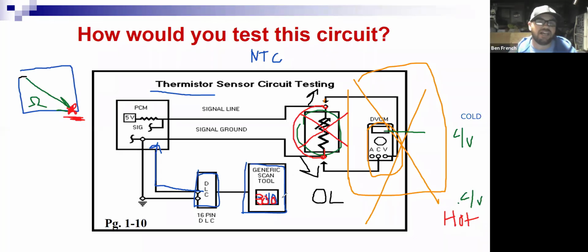And if it does that, what you've basically done at this point is, obviously your scanner is working, but you've tested the computer and the wiring to the sensor and the sensor ground. You've checked all that out and you know that it's okay.